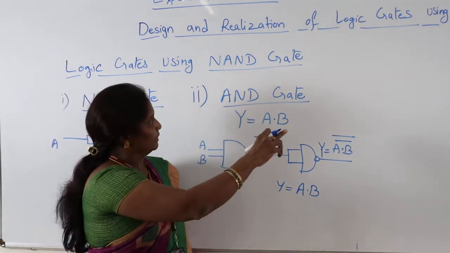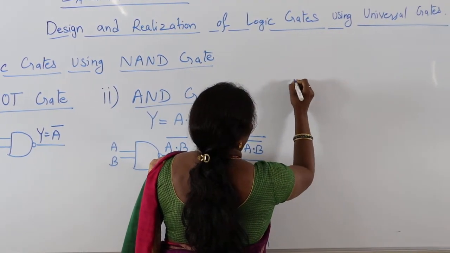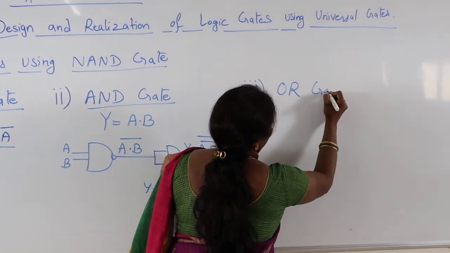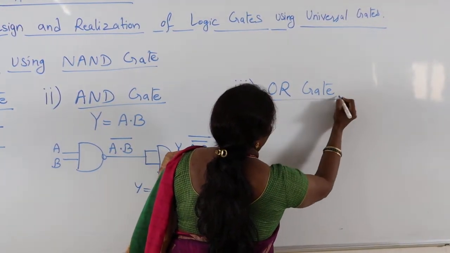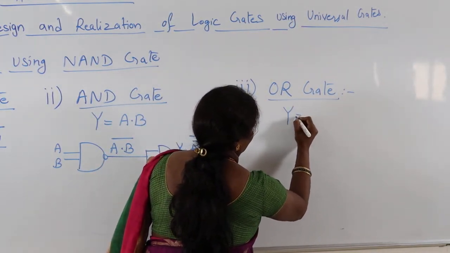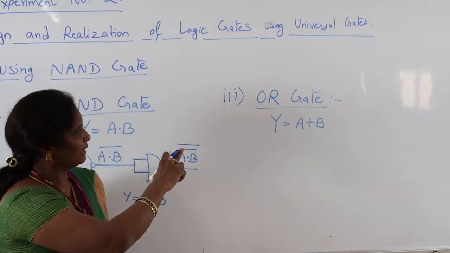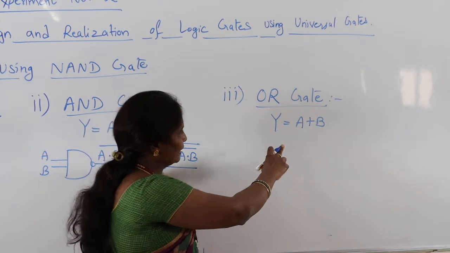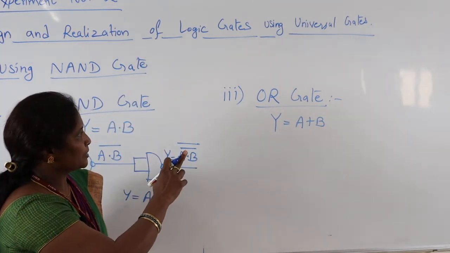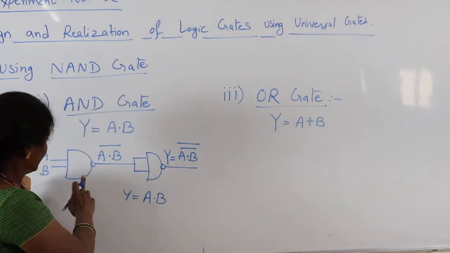Now we will see OR gate. The required expression for OR gate is Y is equal to A plus B. So this expression we will get by using the NAND gates.